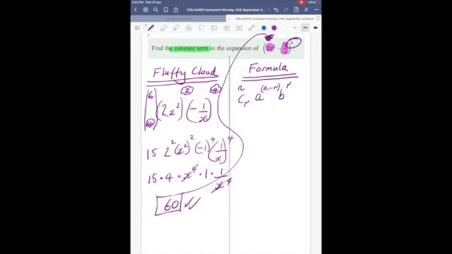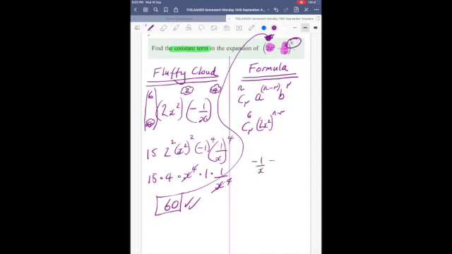Right. So if we try the next method, I will adapt this just a little bit. So for here we are going to have 6 C r. A is the first term, 2x squared. This is going to be n minus r. The second term, and here's where I'm going to change it a little bit.